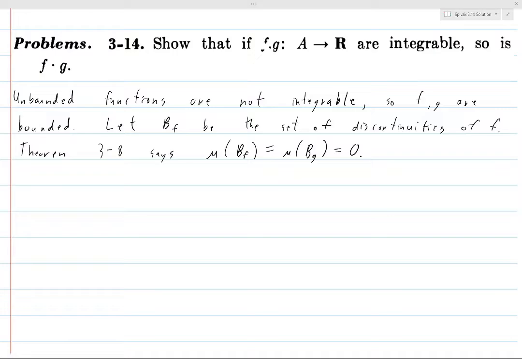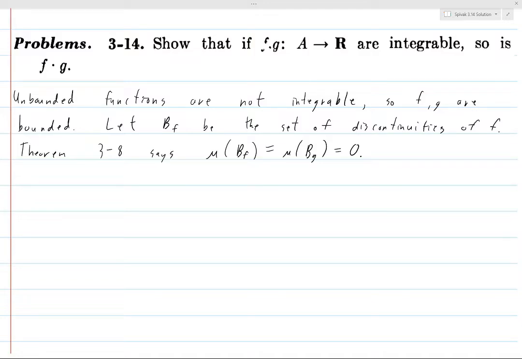So it's a notation that I like to use. Of course, in the textbook, they haven't talked about that, I don't think. Oh, maybe they have. Maybe they've used lowercase m for measure. But in any case, I'm going to use this. You can write it however you want. Maybe you can just write out the words "Bf is a set of measure 0."